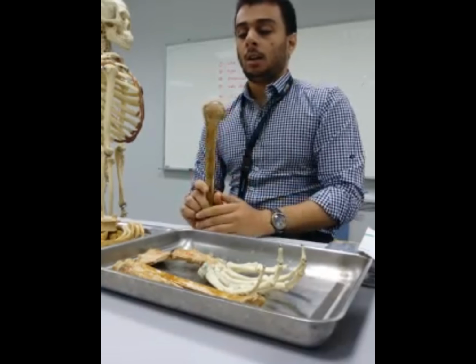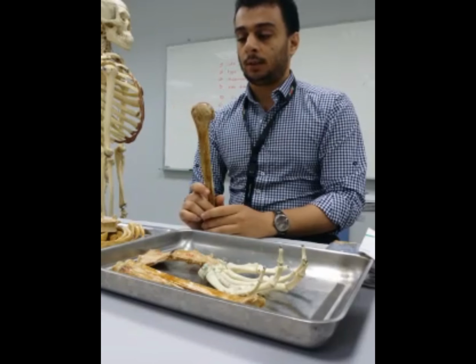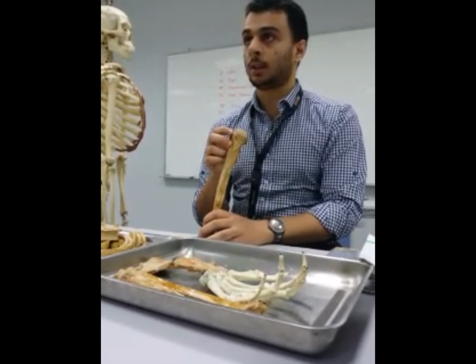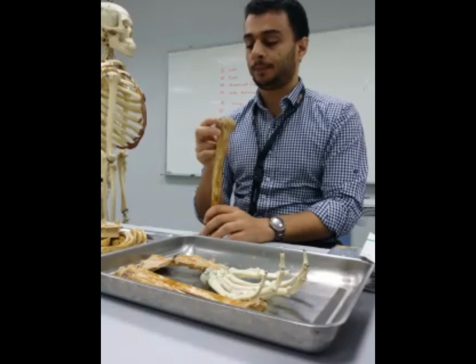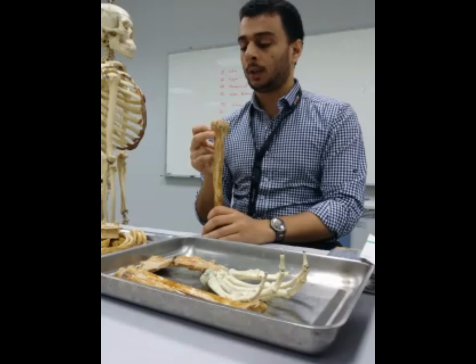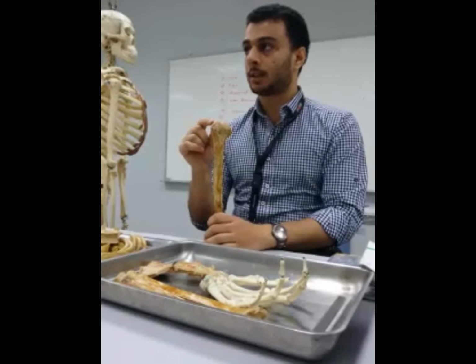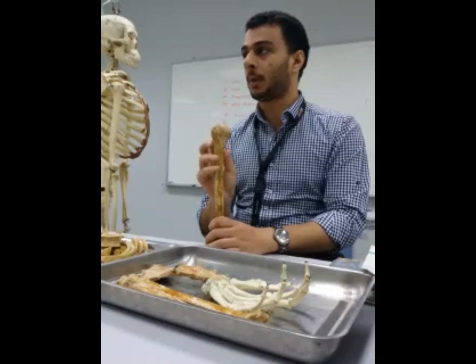For the attachments, the lesser tuberosity gives attachment to the subscapularis muscle, and the greater tuberosity gives attachment to 3 other muscles: supraspinatus, infraspinatus, and teres minor.